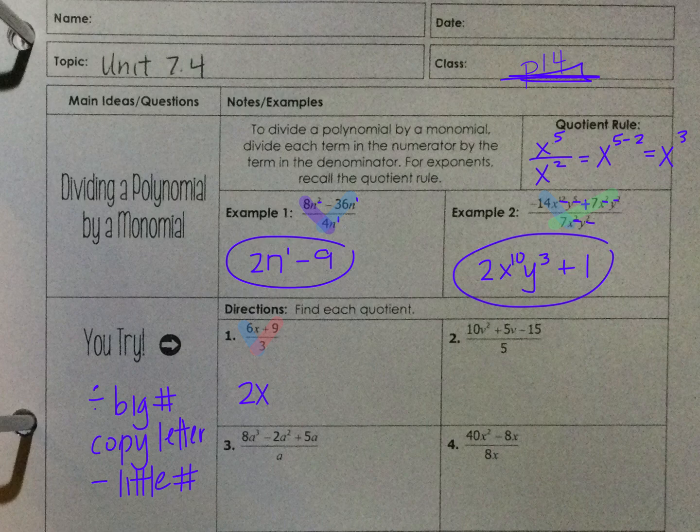Okay, 9 divided by 3 is a positive 3. 10v squared divided by 5. 10 divided by 5 is 2, and then I just write v squared. 5v divided by 5, so 5 divided by 5 is a 1. Copy the v. Then I've got negative 15 divided by 5 is negative 3.